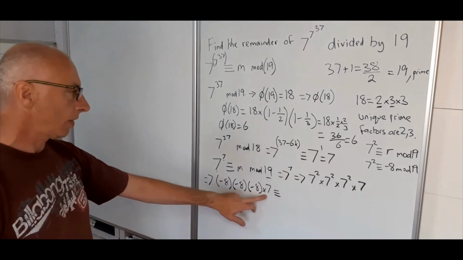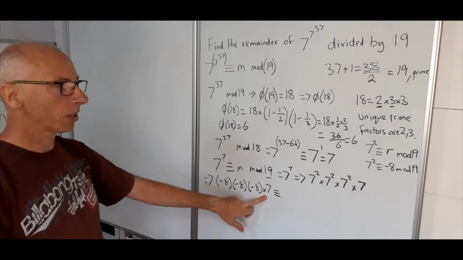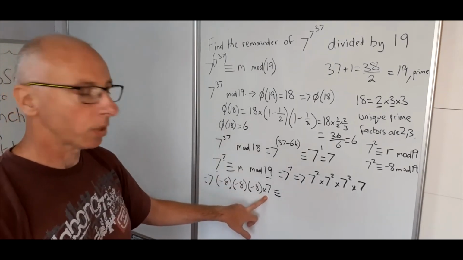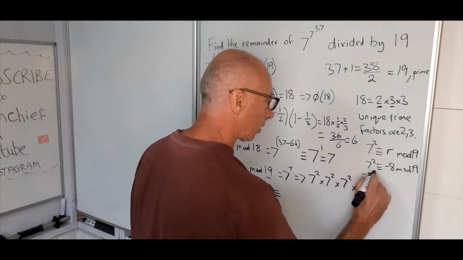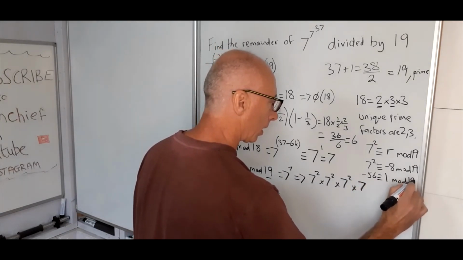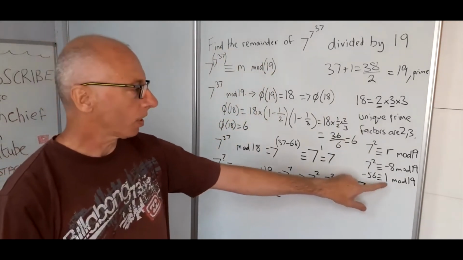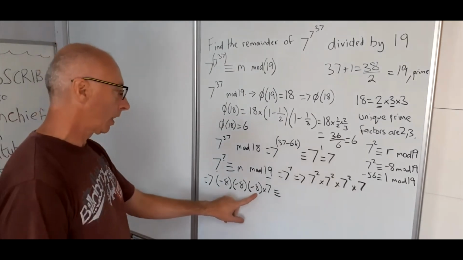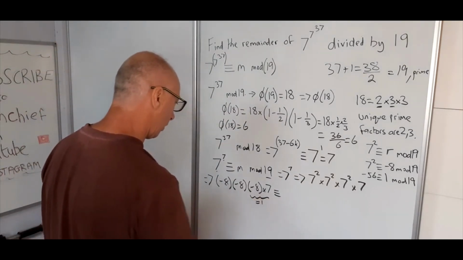Well, we know that 7 eights are 56. So minus 56 modulus 19 is just going to be positive 1. Minus 56 is congruent with 1 modulo 19. If we add 57 onto minus 56, we get positive 1. So now we can cancel these out, and these can just become 1.